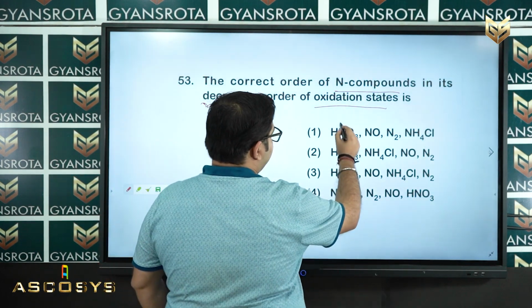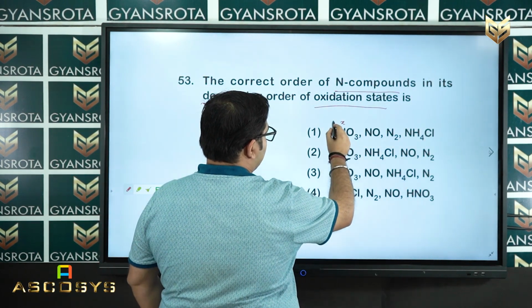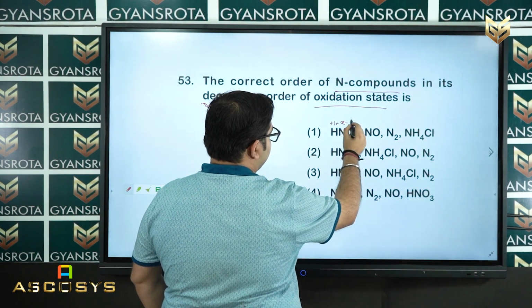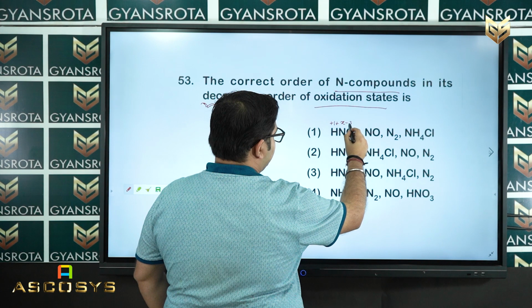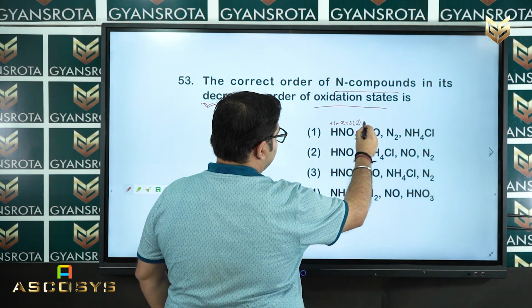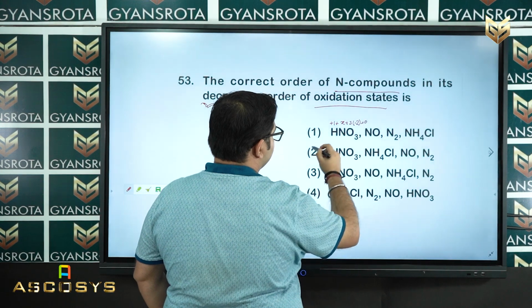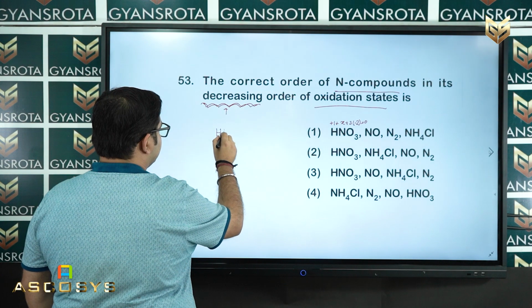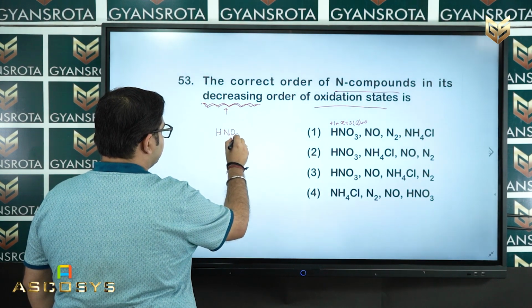How to find? So, here I am putting X, for hydrogen it is coming as +1 plus, and for this it is coming as 3 into -2 is equal to 0. So, for your understanding I am writing here HNO3.